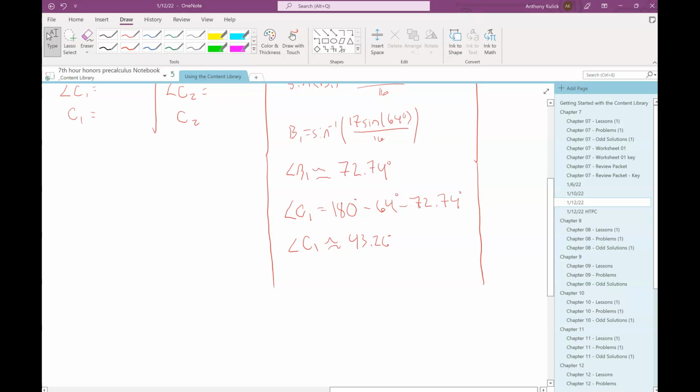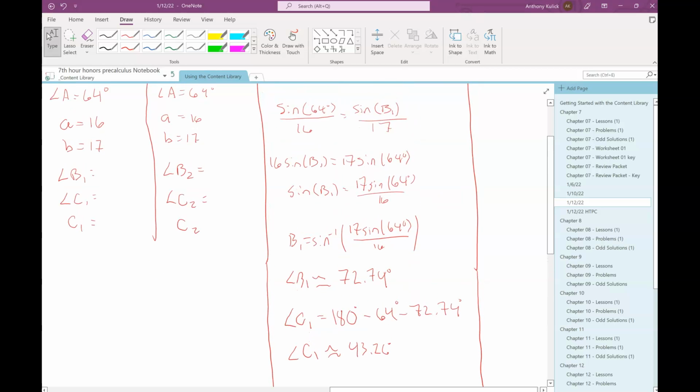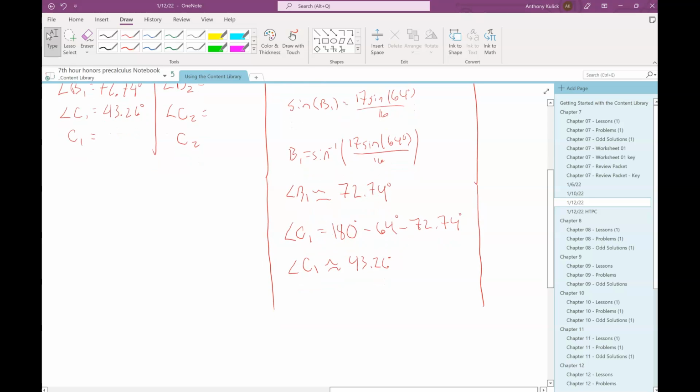And now that I have angles, oh, I guess I should record some of this stuff, huh? Take a break and do that real quick before I get too far down this rabbit hole. Okay. And now that I know one of either angle C1 or side C1, I can use the law of sines to solve for the other part. So again, sine of angle A over A is equal to sine of angle C1 over side C1.